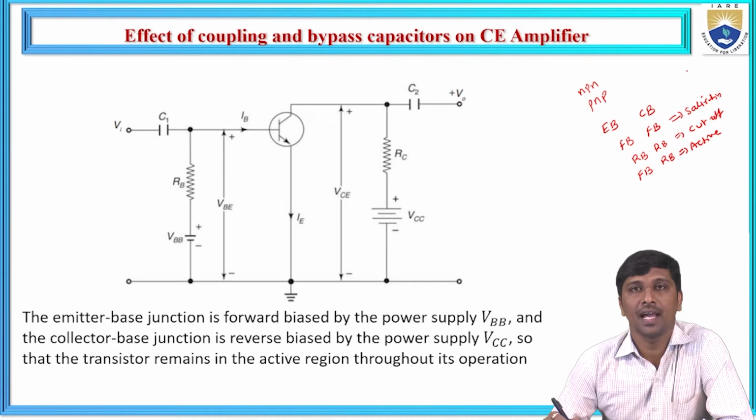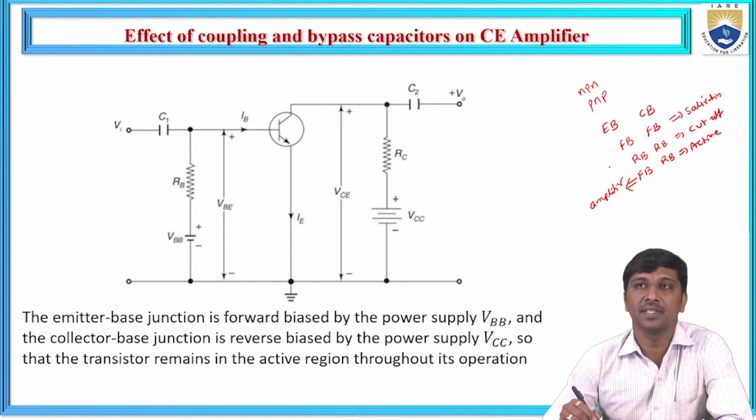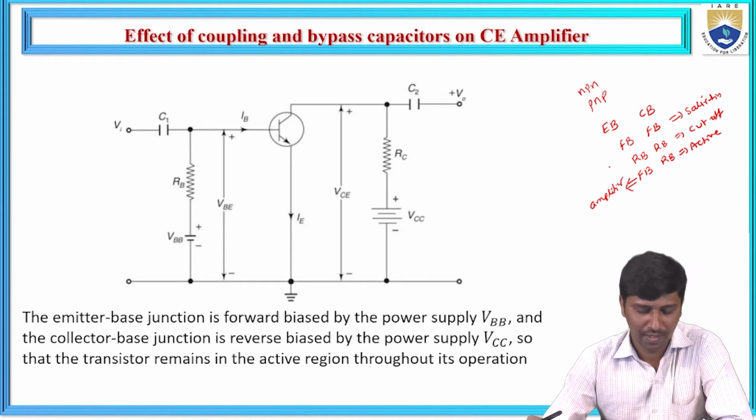To satisfy the amplifier requirement, that is, to transfer from a low resistance input device to a high resistance output device, the transistor should be in the active region. In this active region, the transistor acts as an amplifier.